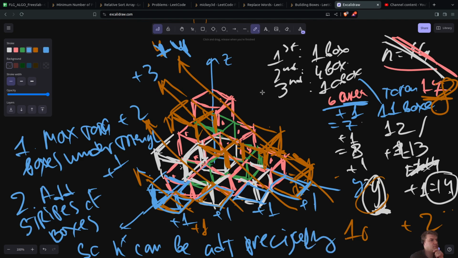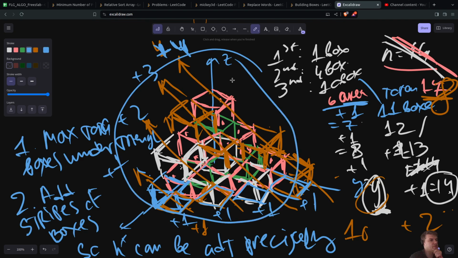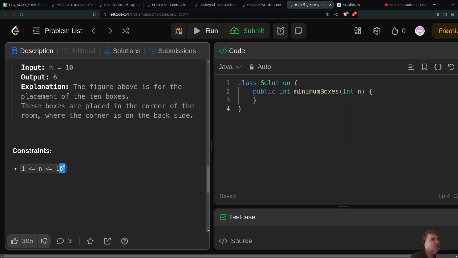Yeah, so that's gonna be the algorithm for this problem. Let me start coding it.